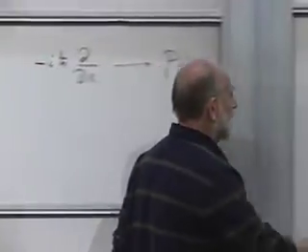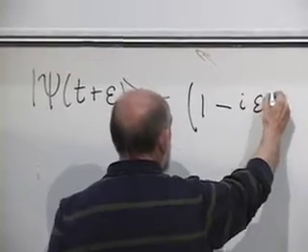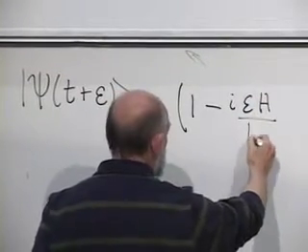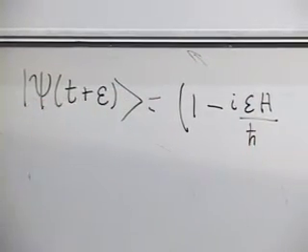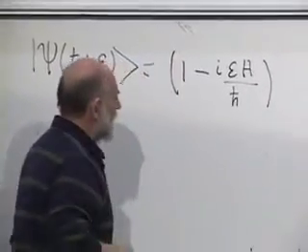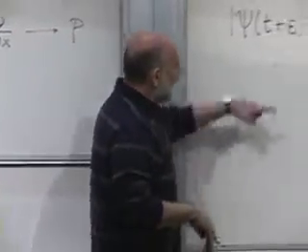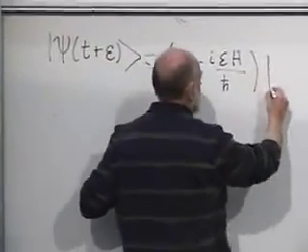Let's just write that it's 1 minus i epsilon H over h bar. Within about 5 minutes from now, I'm going to set h bar equal to 1. I wanted to put it in once and for all so you see where it goes, but for the time being, let's leave it. Eventually, I'll probably set it equal to 1. It's just a nuisance to write. It's this times psi of t.